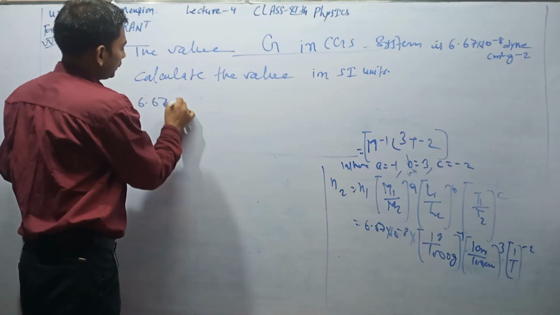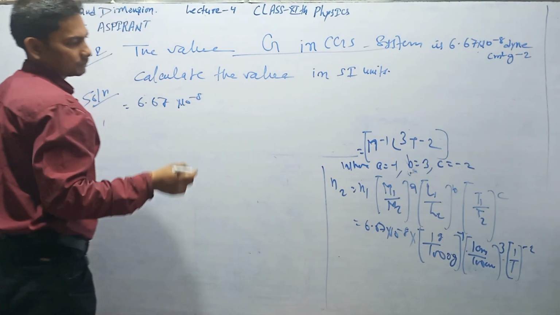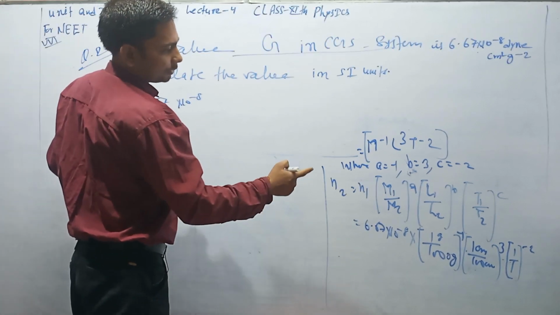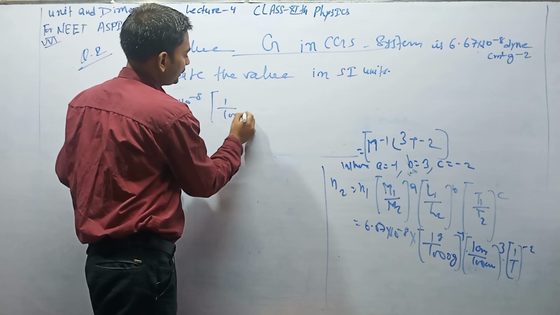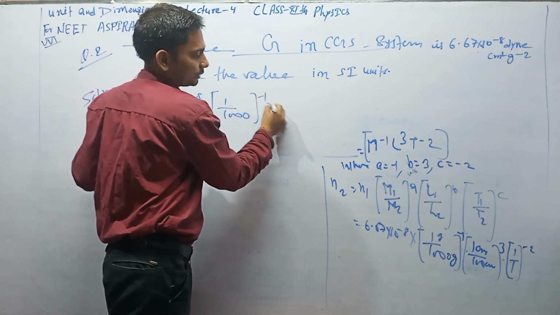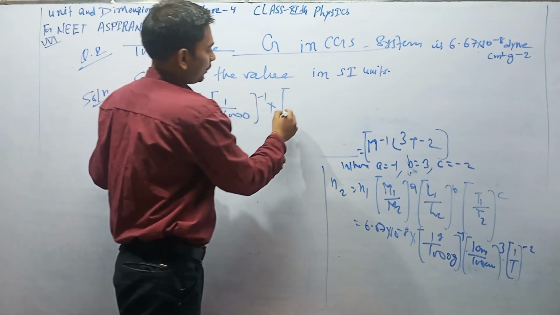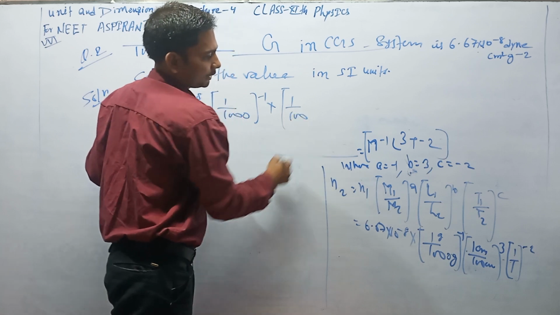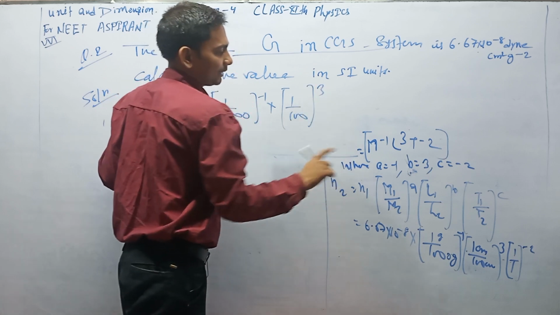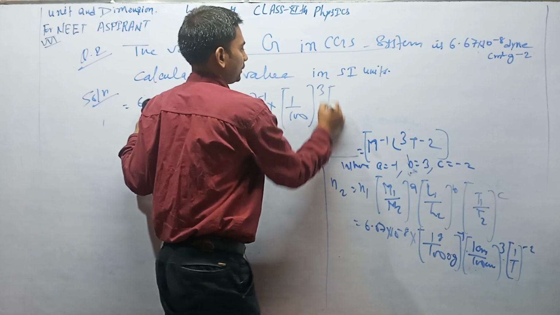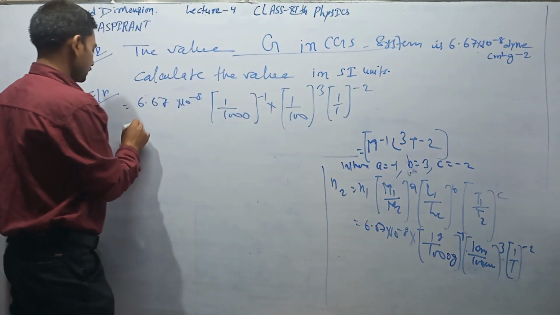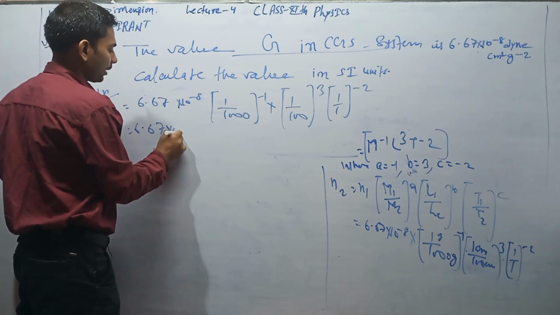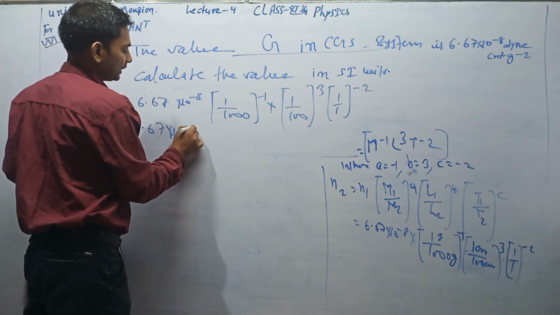6.67 into 10 to the power minus 8. Here power of minus 1, that means 1 upon 1000 whole to the power minus 1, into 1 upon 100 to the power 3, time 1 second, 1 upon 1 whole square. That means 6.67 into 10 to the power minus 8.